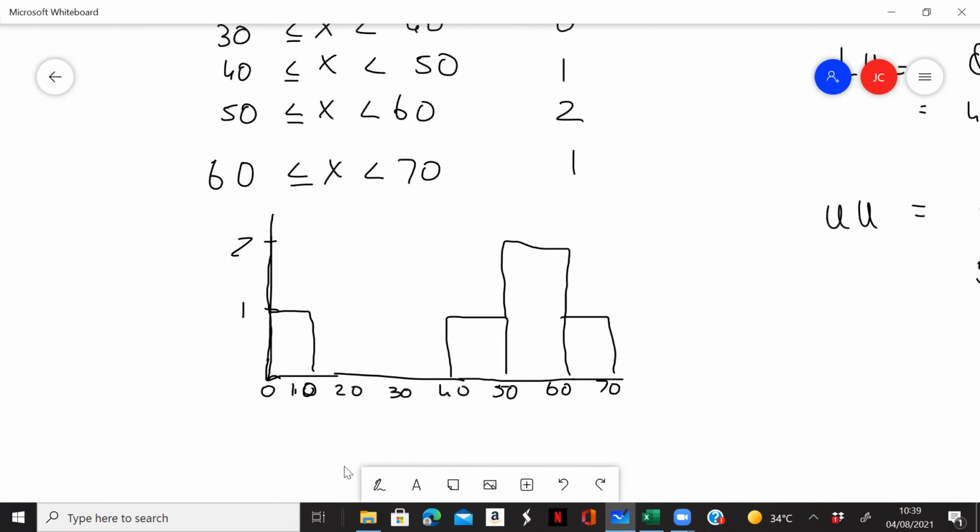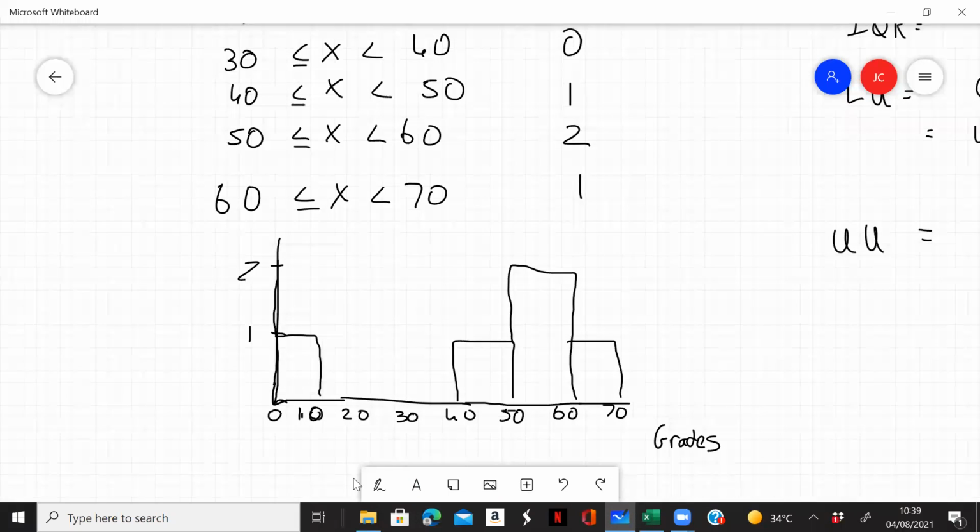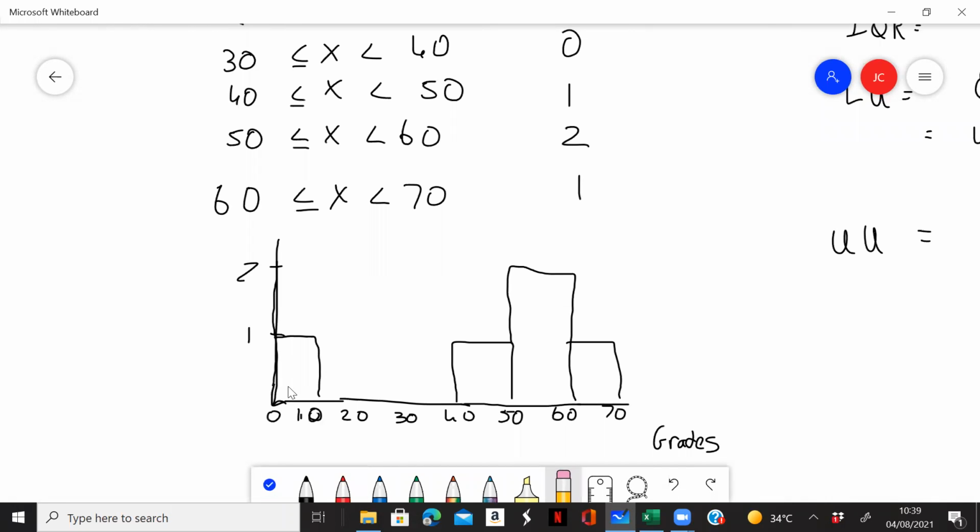On the x-axis, I'm putting the grades because, as I said, these are grades. And on the y-axis, I'm going to put in the frequencies. Try to always follow this pattern: y-axis, frequencies; x-axis, your particular numbers. In my case, they are grades.